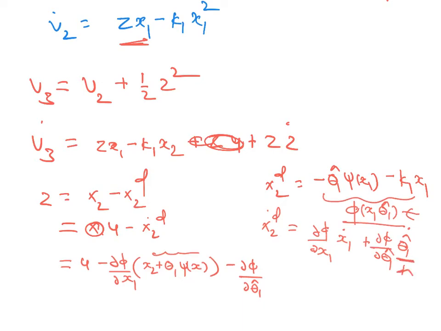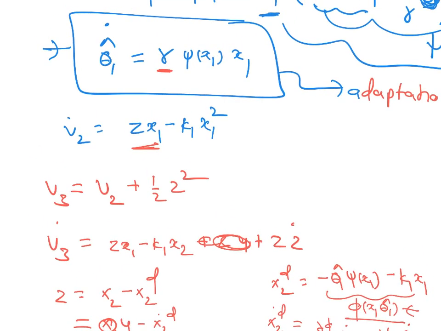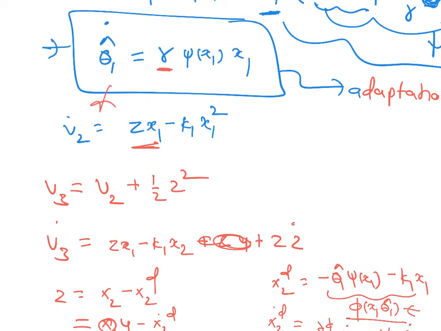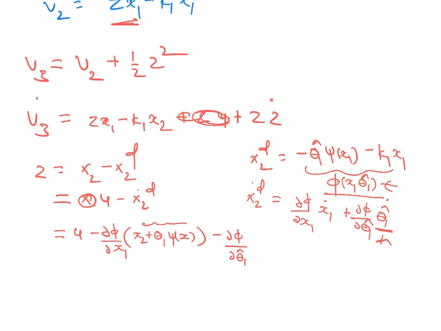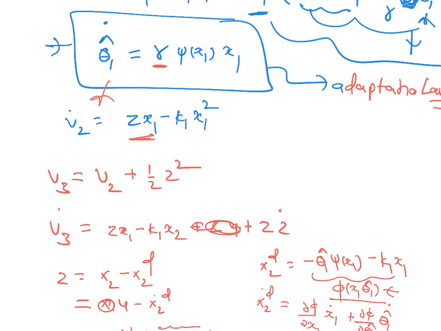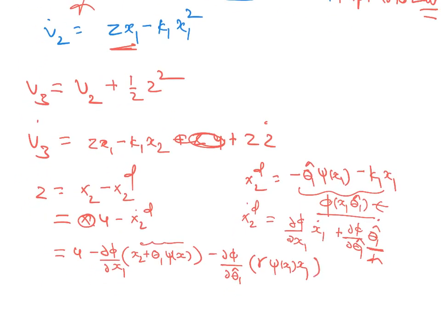What is this theta 1 hat dot from here, right? So we can plug in that. What is that? Gamma phi, was it phi of x1 into x1, right? Yeah. So that.